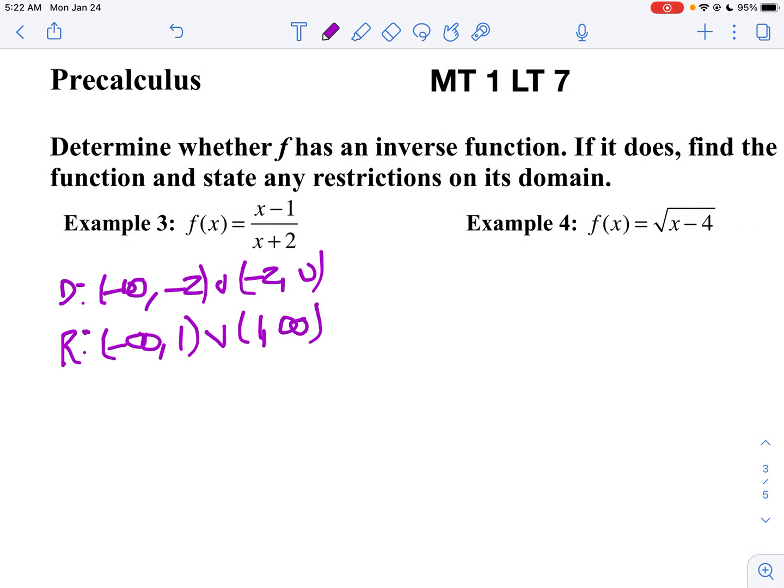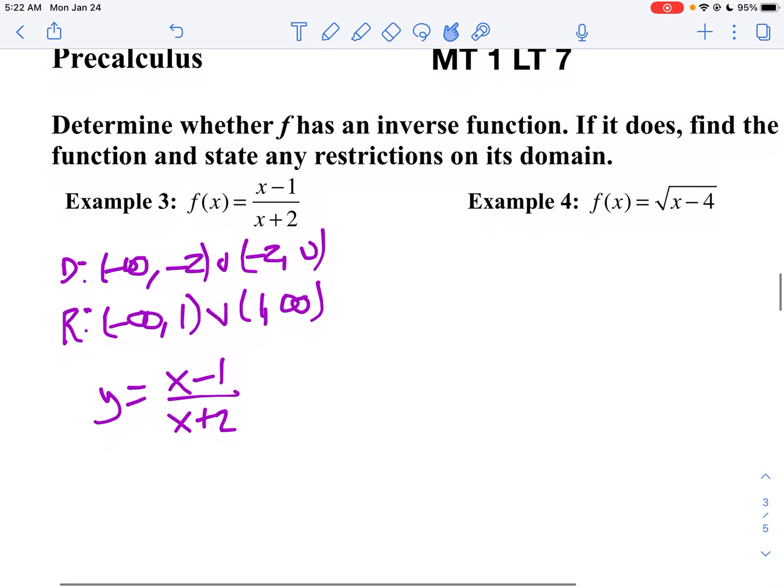Now, let's find the inverse algebraically. So instead of writing f of x, I'm going to write y. So I'm going to say y equals x minus 1 all over x plus 2. Now, to find the inverse, we flip the x's and y's around.